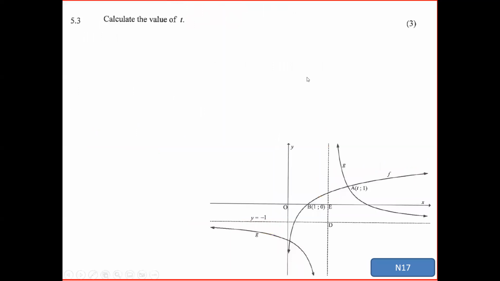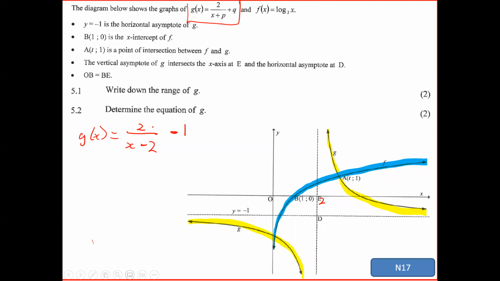Calculate the value of t. I'm going to write that equation down again. So remember, we found the equation g of x was actually equal to 2 over x minus 2 minus 1. And now we want to find the point of intersection. Well, to find the point of intersection, you need to know the equation. So let's quickly write down this equation for f.